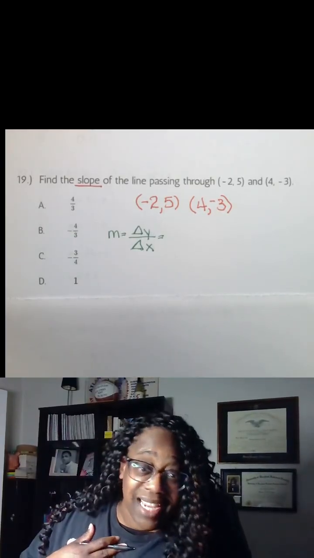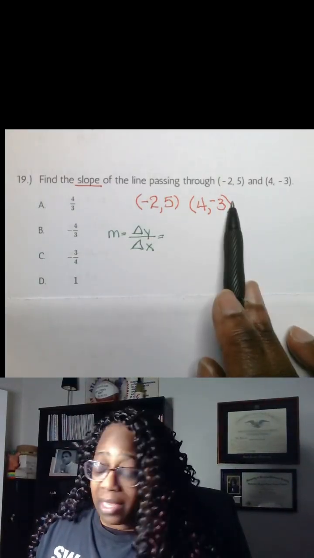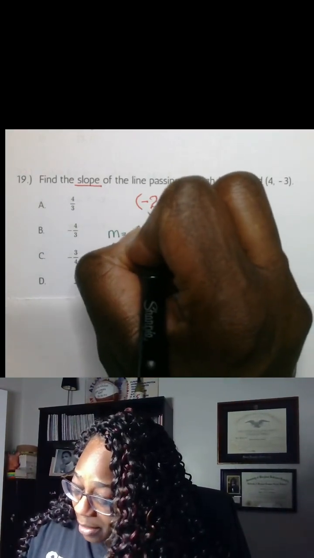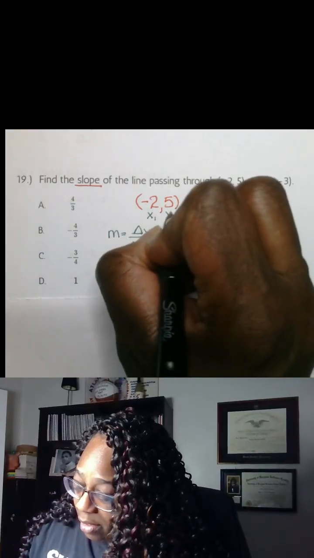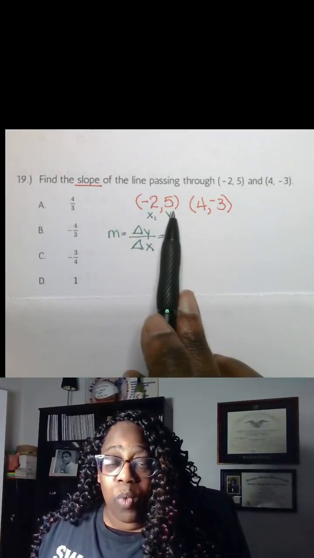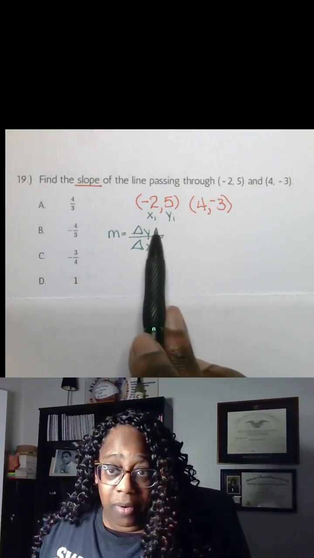Since here in the States we read from left to right, this is the first point that I see, so this is going to be my x1 and my y1. So I'm saying that this is the x and y for the first point. Those are what those little ones are for.